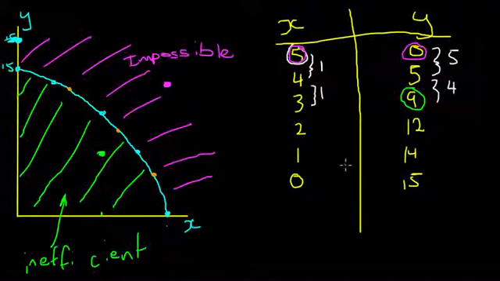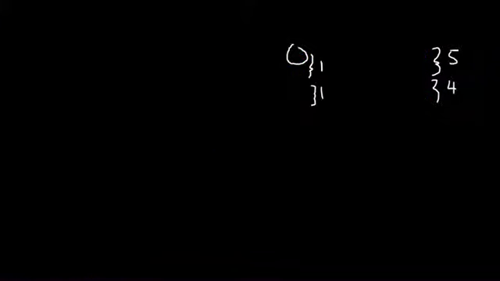It doesn't always have to be this way, so we'll come up with another example here. The production possibility frontier could be something like this, so I'll get some axes. It doesn't have to be a curve like we saw last time, but it normally is, so keep that in mind. But just say it's a straight line down here.